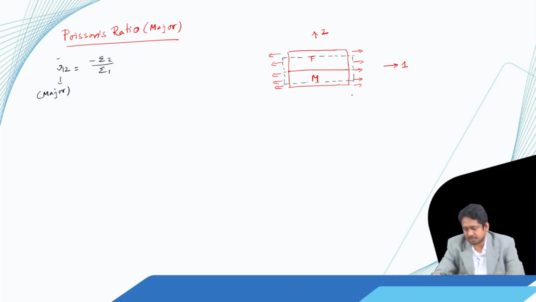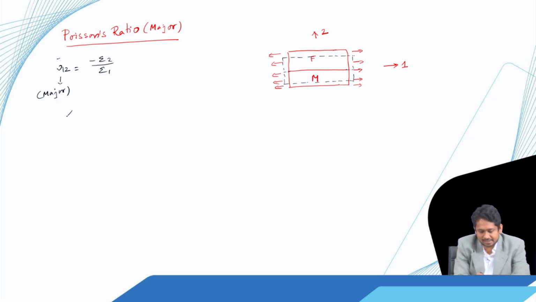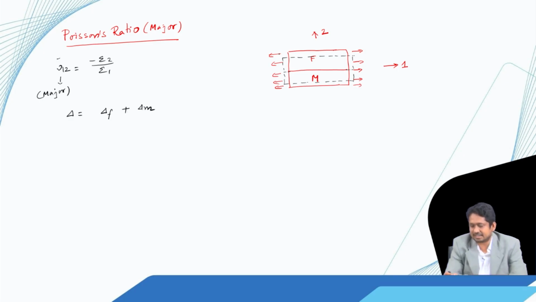Now, when this kind of loading happens, our consideration is that fiber and matrix do not slip, and that is why the strain in fiber and matrix in direction 1 are same, but that means that strain in the second direction in fiber and matrix may not be same. So, in direction 2 there is some change in length, and if we call that change in length delta, then that delta has contribution from both fiber and matrix. That means change in length in the fiber part and change in length in the matrix part.